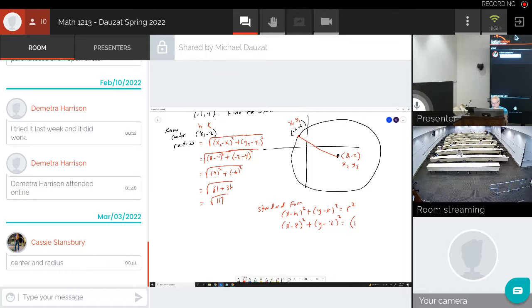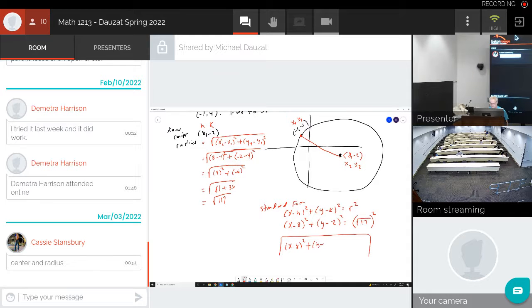What's the radius? Square root of 117. But what do I do to the square root of 117? Square it. Now let's go ahead and simplify this. So I get x minus 8 squared plus y subtract -2 means y plus 2 squared equals, and what's the square root of 117 times itself? 117. So there's your answer.